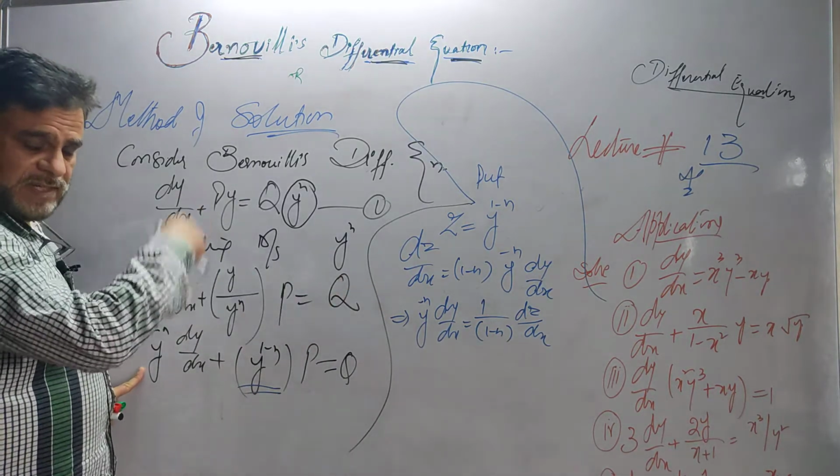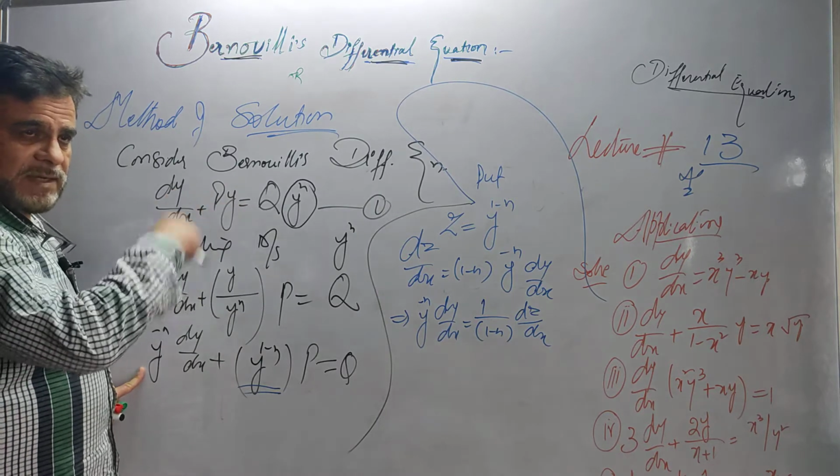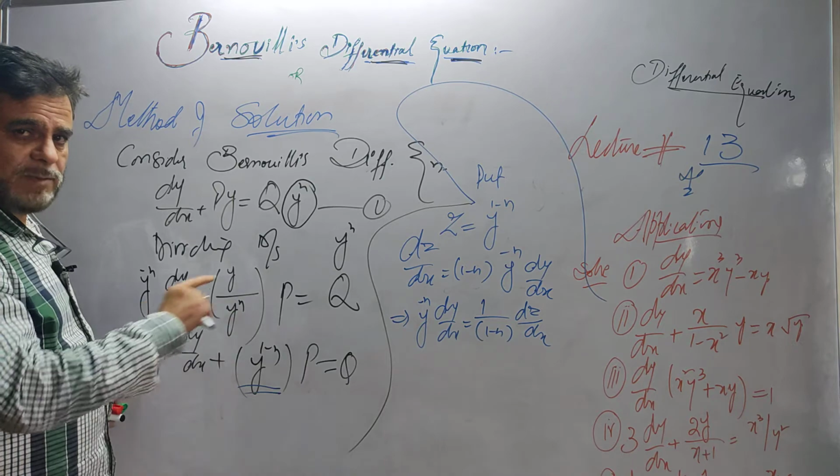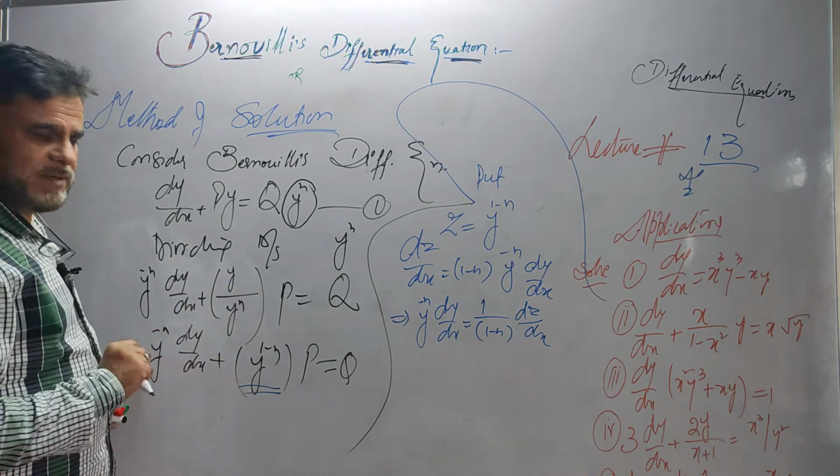That means the equation gets transformed. In place of the dependent variable y, z is now the dependent variable, and x is the independent variable.